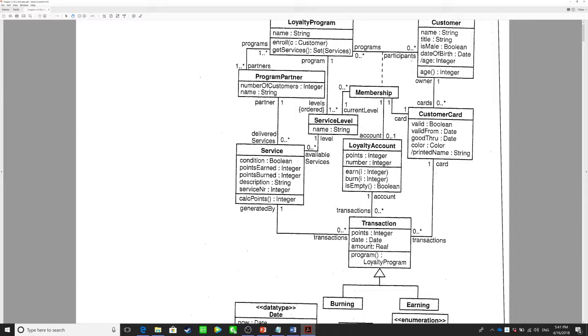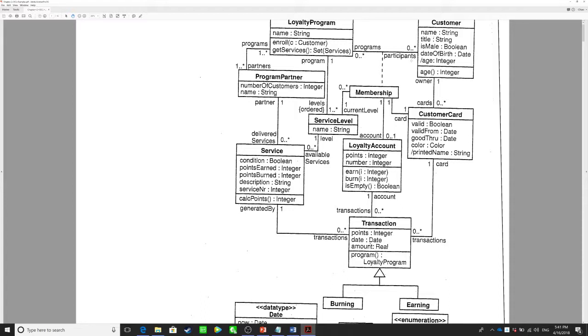We also have another class called membership card, represented by the customer card. The card has different values, like whether it's valid, an expiration date, and a name. It's issued to a person.